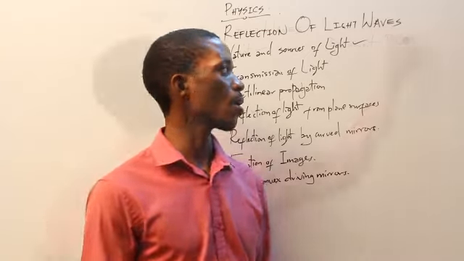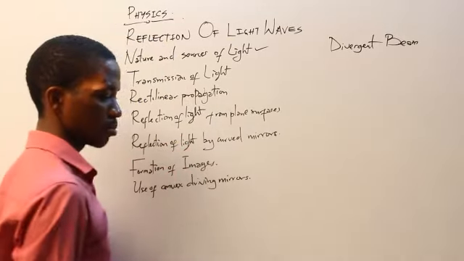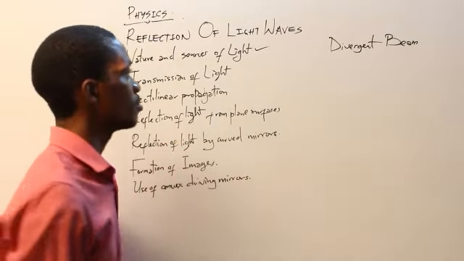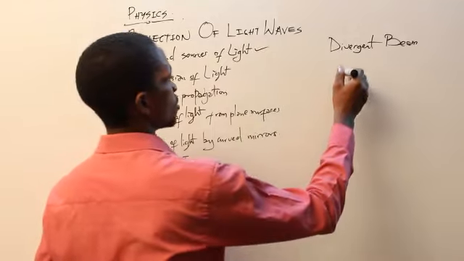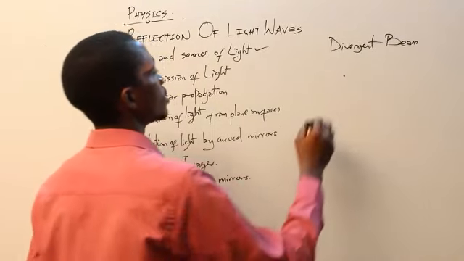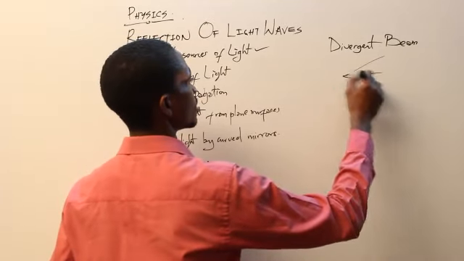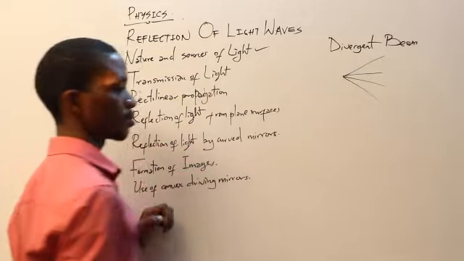These are the divergent beam. In the divergent beam, a speck or a tiny source sends out light and sends it scattered.